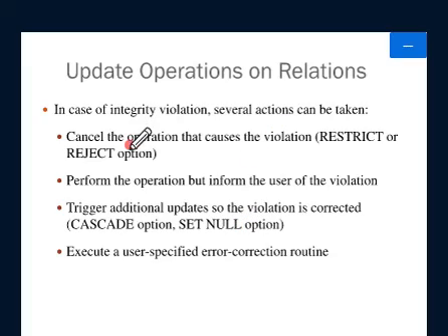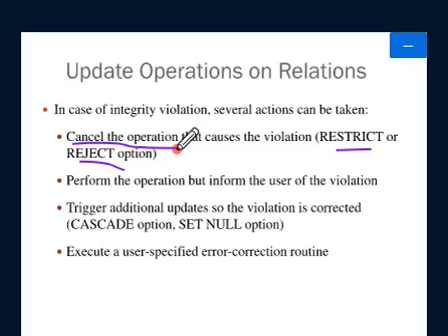What is that? The operation which is causing the violation can be rejected. It can be restricted from happening by cancelling the operation. That means we can instruct the DBMS to cancel that operation, which is inserting the data value.